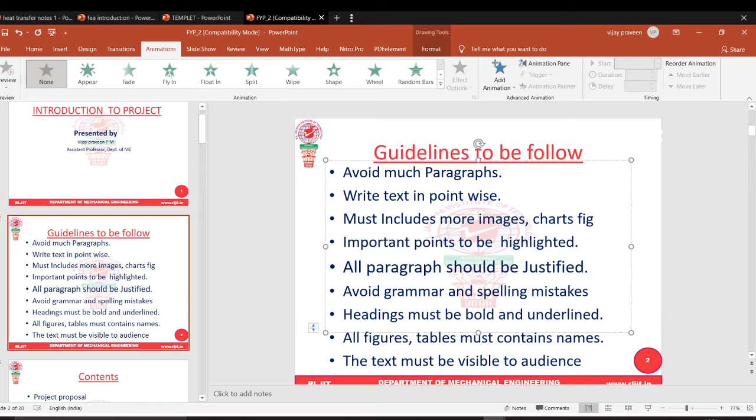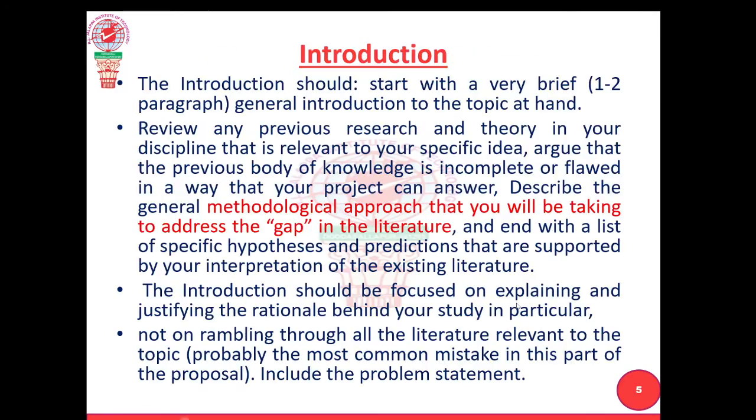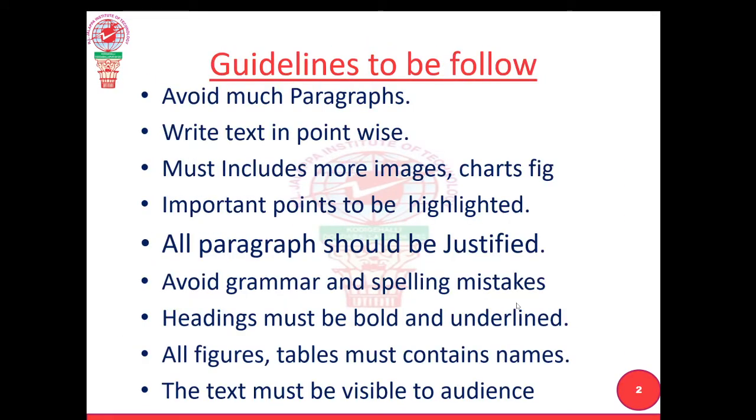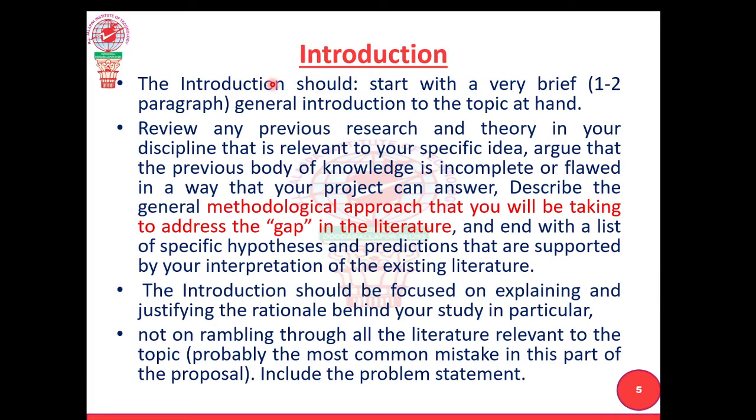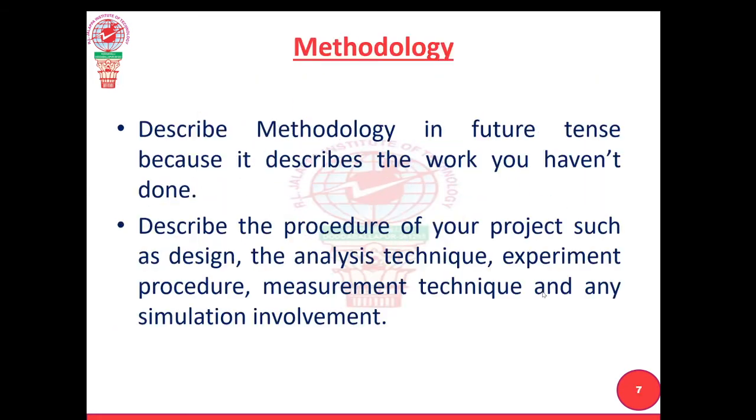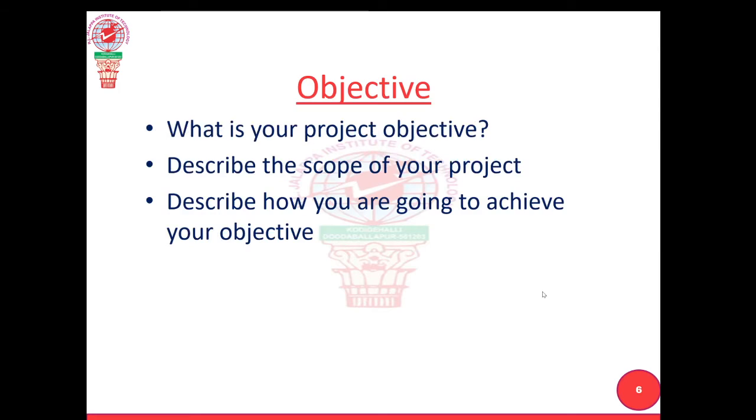The animation, as I told, you can give to each word, each sentence, each picture, whatever it can be given to. Suppose, for guidelines, when I switch on the slideshow, what happened?